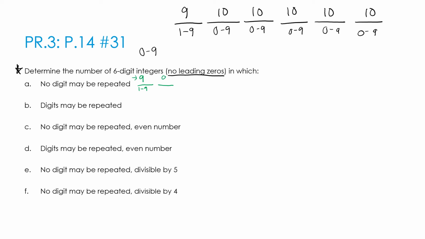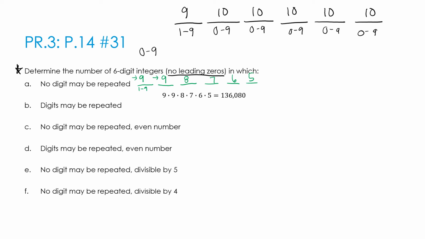So there are still 9 options because I can use 0 now, but I can't use whatever the first digit is. For my next option, I can use anything except for what either of these two are, which means now I only have 8 digits left because I've used 2. And then I have 7 digits left, and 6 digits left, and 5 digits left. So that's what I'm looking at for A. No digit may be repeated. 9 times 9 times 8 times 7 times 6 times 5.